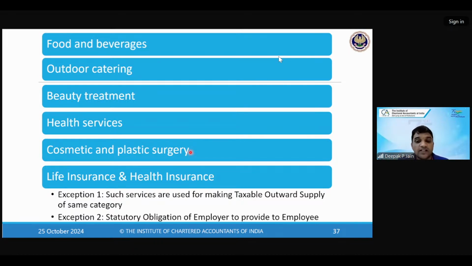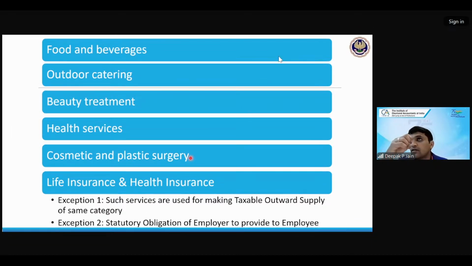And in case of plastic surgery also, when you are providing plastic surgery and engaging the services of a consultant, then in that case you will be in a position to claim the credit.